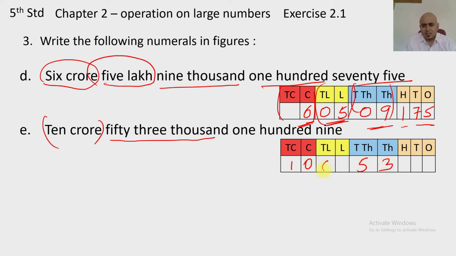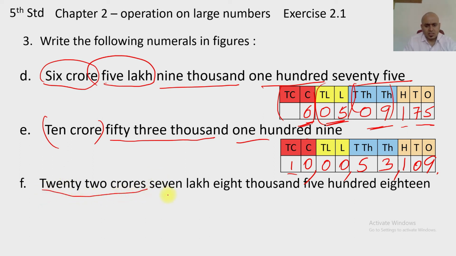So in lakhs place, you have to add zeros. 53,109. So I have to write 109. So this is read as 10 crores, with nothing in lakhs place. 53,109. That is 10 crore 53,109.